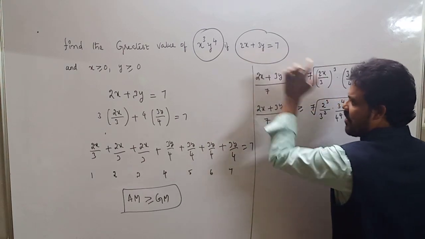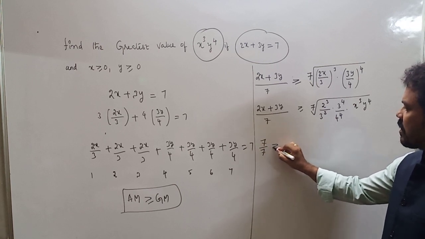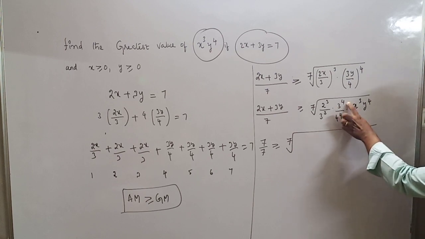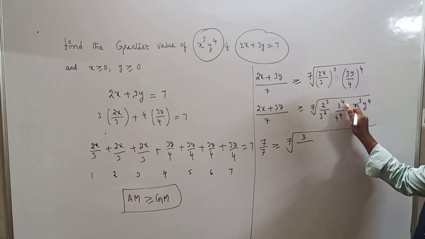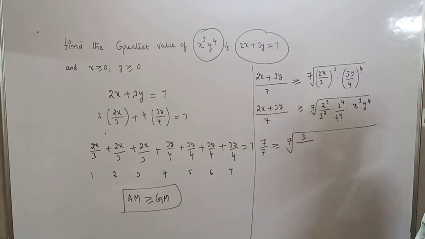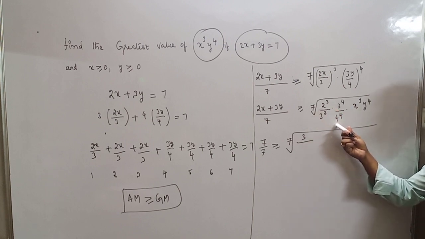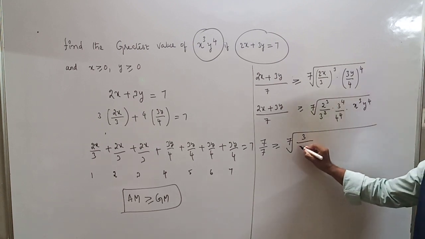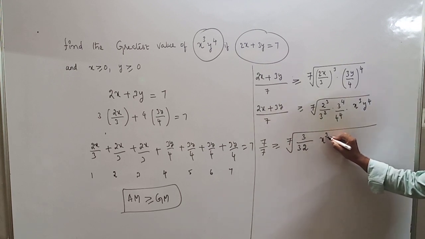Now, what is 2x plus 3y? In the question it is given as 7. That means 7 by 7 is greater than or equal to the 7th root of 3 power 4 by 3 cube, which is 3, and 2 cube is 8, 4 power 4 is 256, 8 by 256 is 1 by 32, into x cube y power 4.